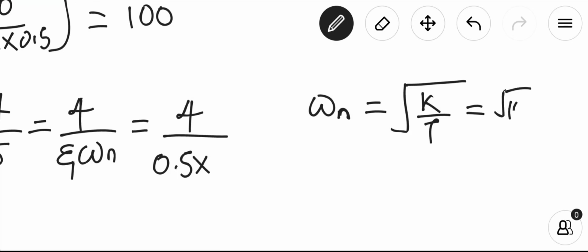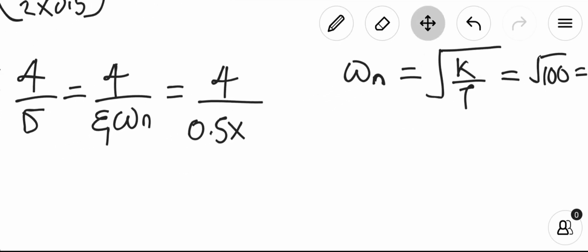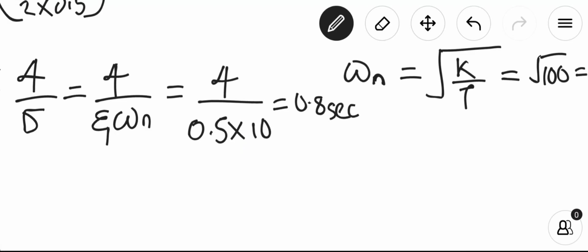So square root of 100 is equal to 10. Substituting this here, this will give you 0.8 seconds for 2% criterion.